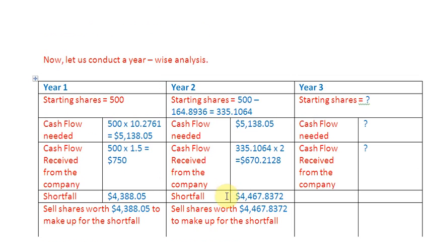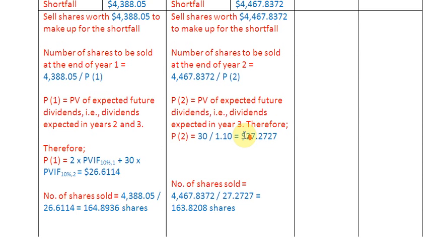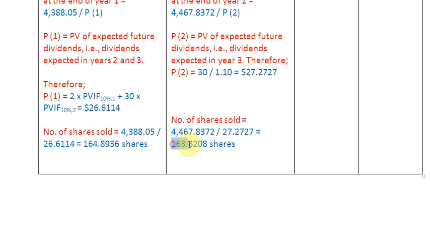So now coming into the third year, your starting number of shares are going to be, remember in the second year you started with 335.1064 shares, and then at the end of year 2 you sold these many number of shares.